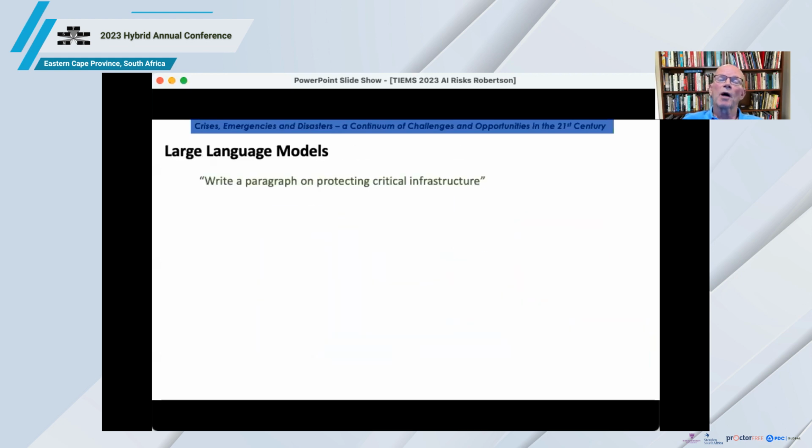So large language models, we were just talking about that in the previous presentation, like ChatGPT, work using deep neural networks.